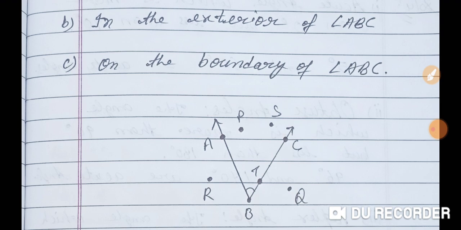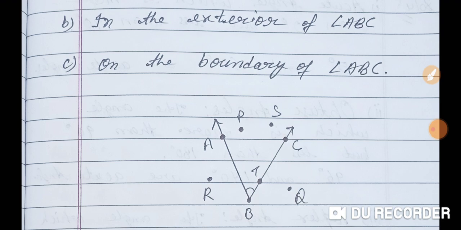You have the different points, point A, T, C. Point A is on line BA, point C and point T are on line BC, and inside the area of the angle, points P and S are present, and outside, points R and Q are present.